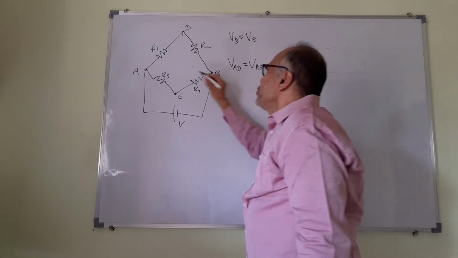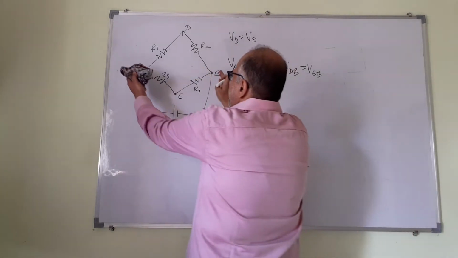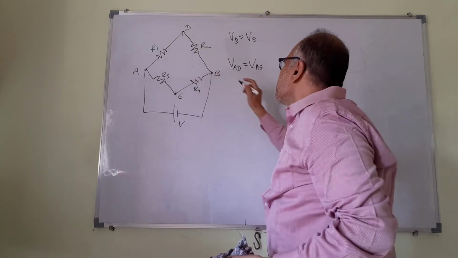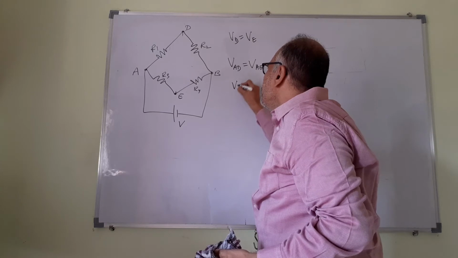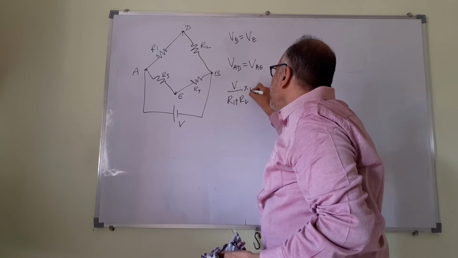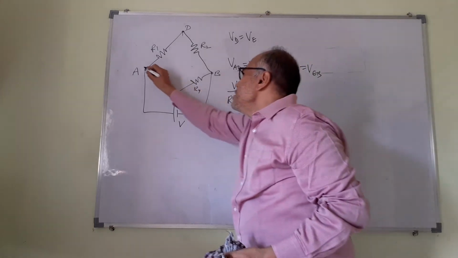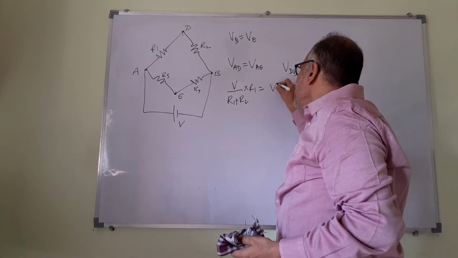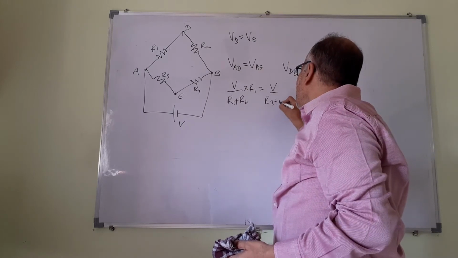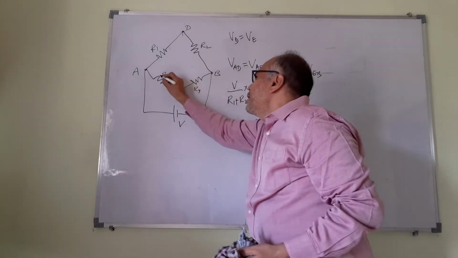So let's write what is VAD. V volts is applied across A and B. So it will divide in the direct ratio of the resistances. VAD would be V by R1 plus R2 into R1. VAE would be V by R3 plus R4 into R3.